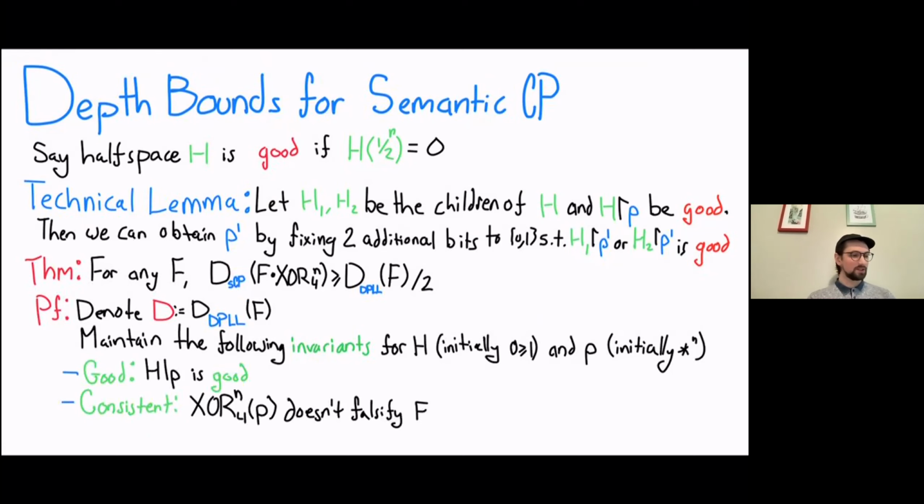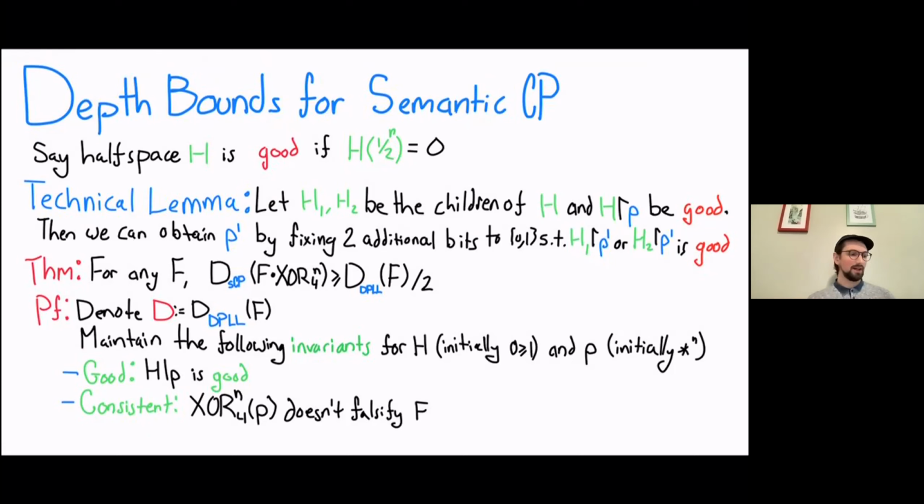Next is the consistency restriction, which says that if we take our restriction rho and apply this 4-bit XOR to it, projecting rho down onto the variables of just F, the variables over which DPLL operates, then this projection doesn't falsify F. All this is saying is that our current restriction doesn't falsify any of the axioms.